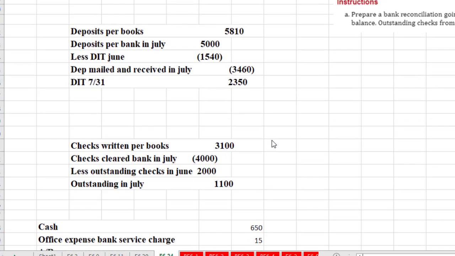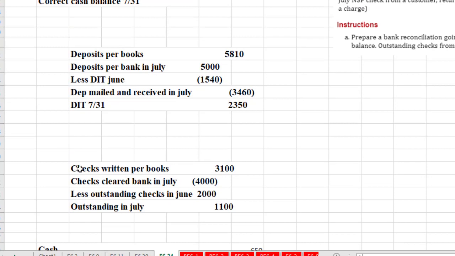Now let's look at the outstanding checks. So outstanding checks are checks that we wrote, but they haven't cleared the bank yet. I know we don't do a lot of checks nowadays in this world, but there's still situations where payments are made that haven't cleared the bank. And so it says that in our books that we wrote $3,100 in checks, and it says that the bank cleared 4,000 of those.